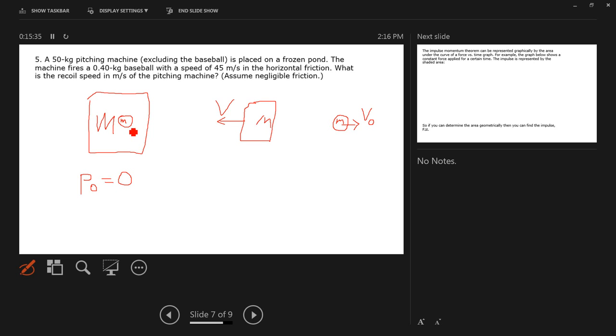The machine and the ball together are not moving, so that means that the final momentum must also be 0. But the final momentum is comprised of two moving objects.